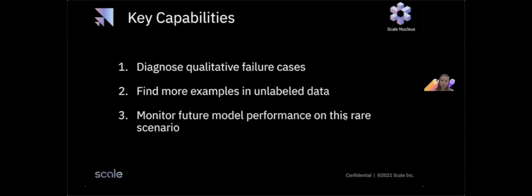So if a machine learning team wanted to adopt this data-centric view on experimentation, they would need 3 key capabilities. The first is to be able to diagnose qualitative failure cases. And what I mean by this is moving away from characterizing model performance with respect to a summary metric like accuracy or loss or mean average precision, but instead being able to say, a pattern I see in my model's failures is that it does a poor job detecting cyclists at nighttime.